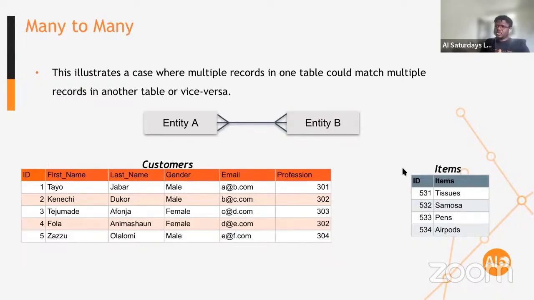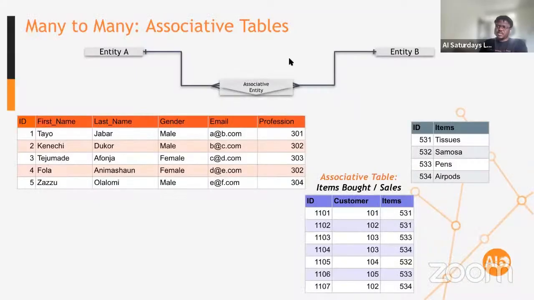So in comes what we call associative tables, right? So this is how it works. You can break it down. You can break your many-to-many relationship. You could break it even further by introducing an associative table, right?